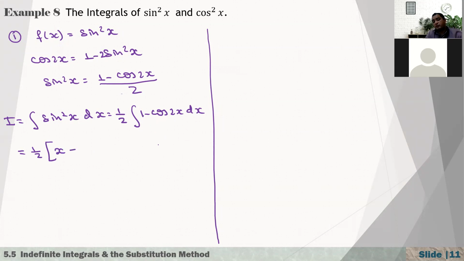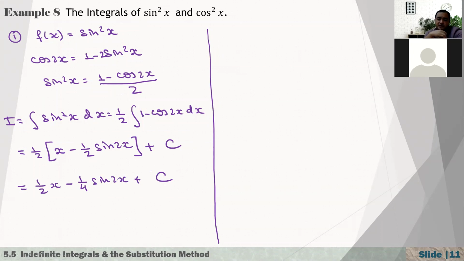The second part, the function whose derivative is cosine of 2x, is 1 over 2 sine of 2x, plus C. So that's equal to 1 over 2 x minus 1 over 4 sine of 2x plus C. As I said, first I reduce the power of sine, and after that we can integrate.